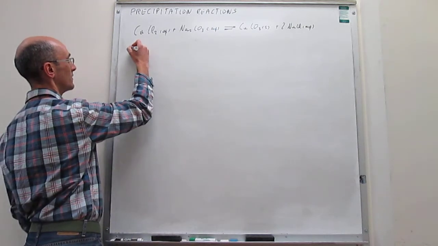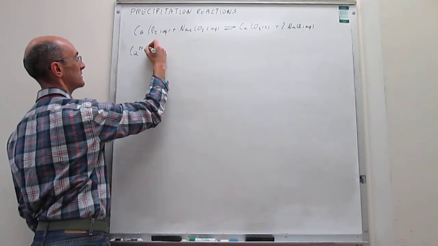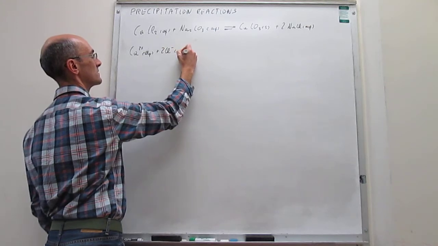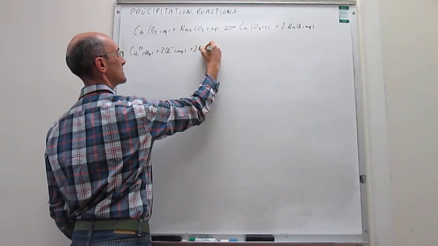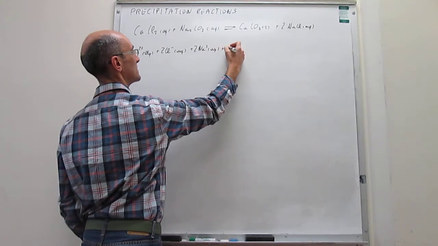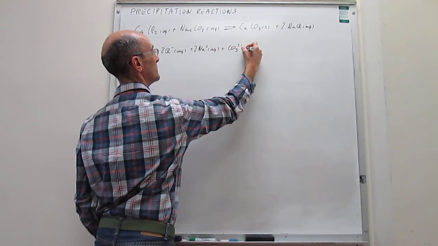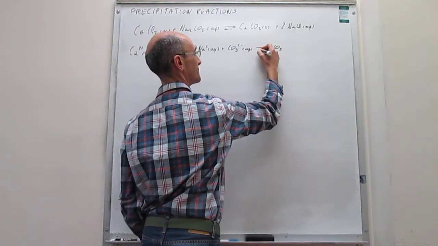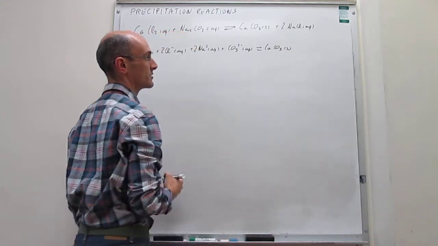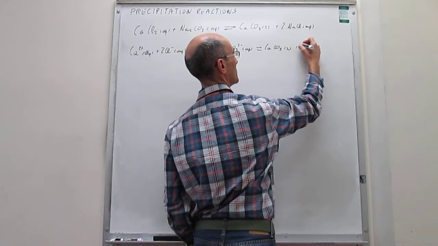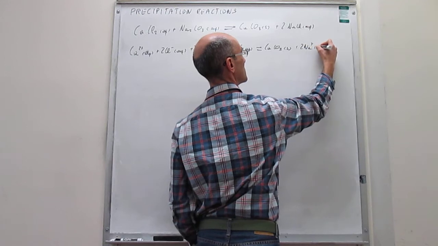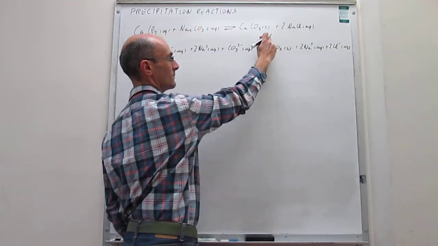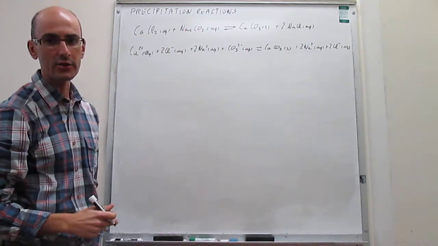Right, so this would turn into the following: Ca2+ aqueous, plus 2 Cl- aqueous, plus 2 Na+ aqueous, plus CO3 2- aqueous, to give calcium carbonate, which is insoluble, and then 2 Na+ aqueous plus 2 Cl- aqueous. Again, that is the molecular equation, and that is the complete ionic equation.